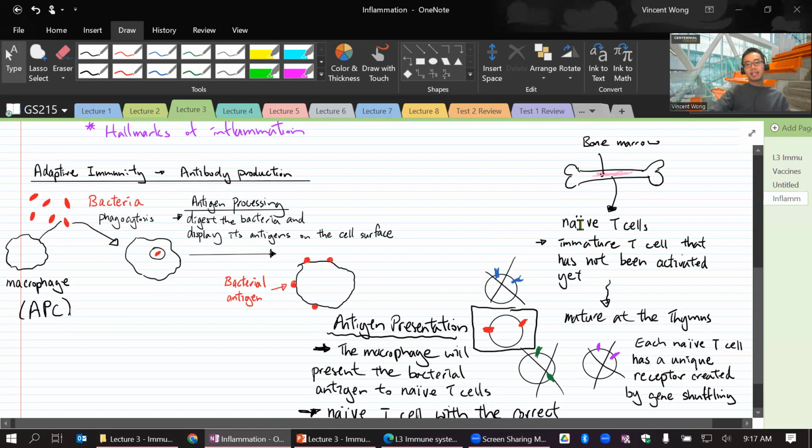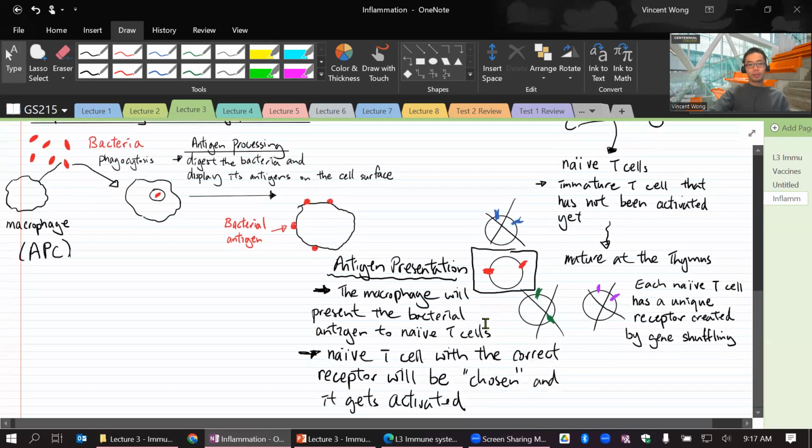In order to activate a naive T cell, we need to have an antigen presenting cell, and the only example of antigen presenting cell that we've learned is macrophage. It eats it up, puts it on its surface, and then it's going to present it to the naive T cell. And if the T cell has the correct receptor, it will be chosen. So that's the story so far.